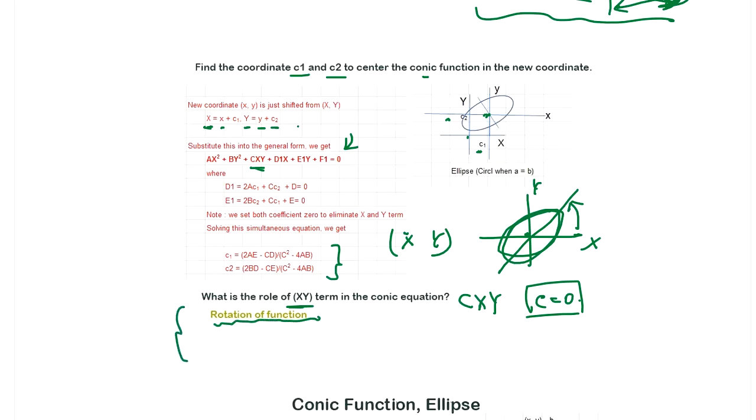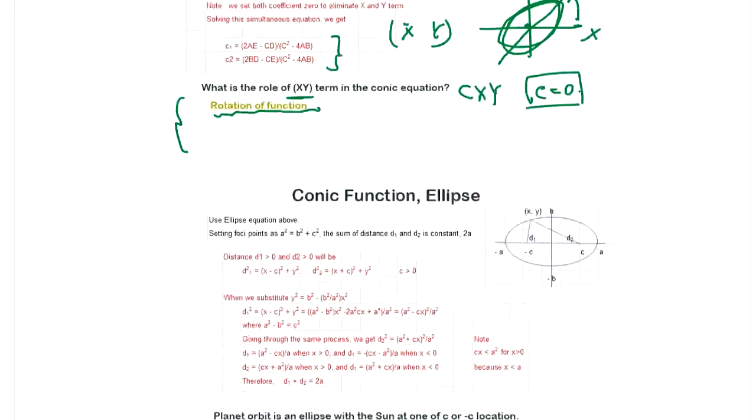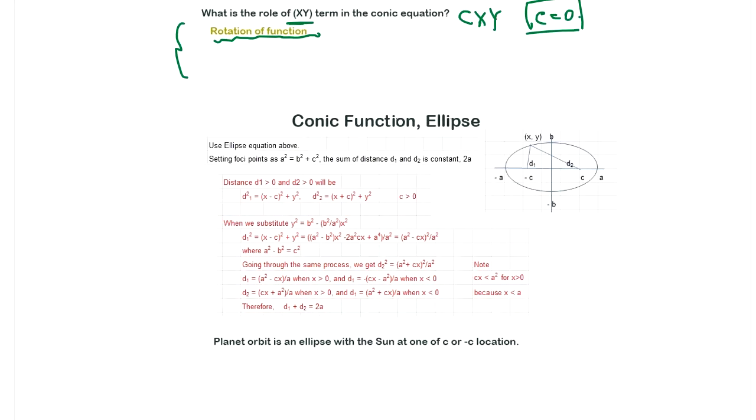This is an assignment for you. Conic function, ellipses. Foci: a squared equals b squared plus c squared. The sum of the distances d1 and d2 is constant, equal to 2a.